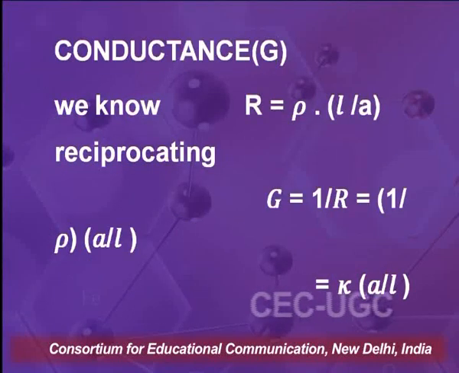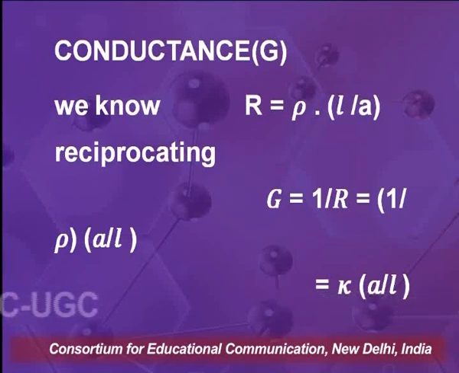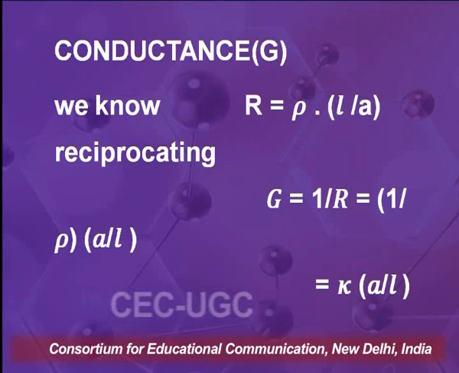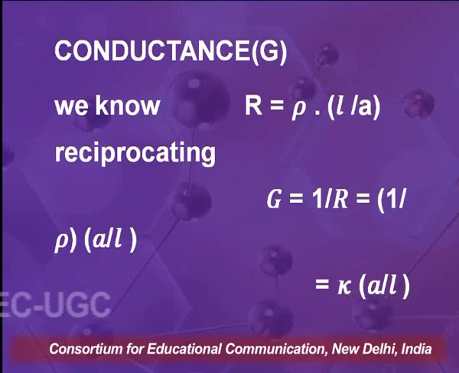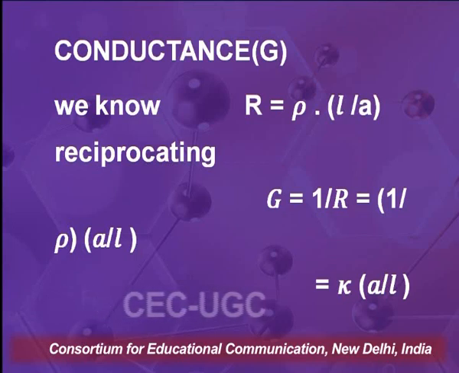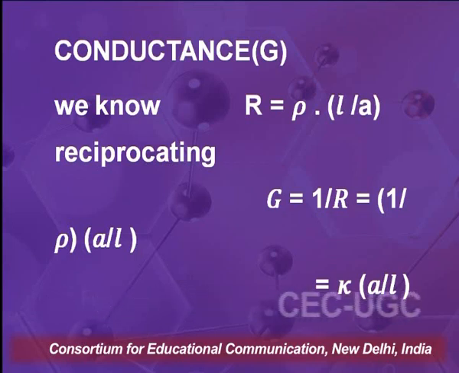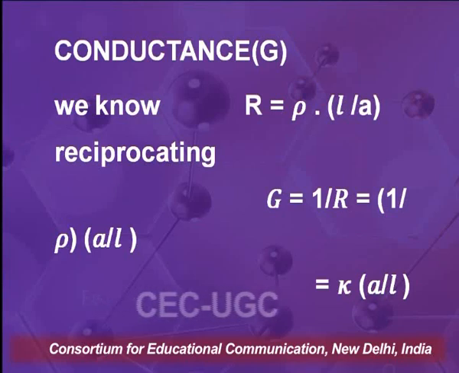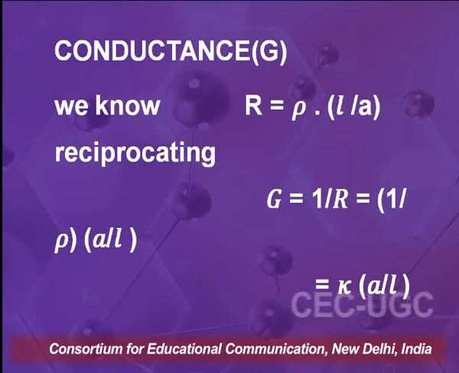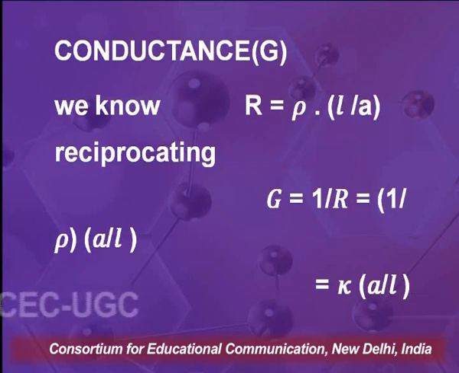So conductance G is equal to 1 by R, which is equal to 1 by rho into A by L. We have reciprocated the equation R is equal to rho L by A, which gives us 1 by R, which can be equated to G. So we get G is equal to 1 by R is equal to 1 by rho into A by L. 1 by rho is kappa.